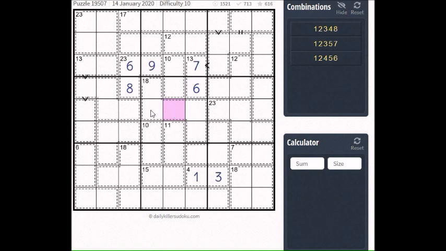Now note that the 18 of 5 cells cannot include a 9, so the 9 must be either here or here. But also note that here we have a sum of less than 13, which is 12 or less, so it cannot include a 9, and it also must include 1 and 2.